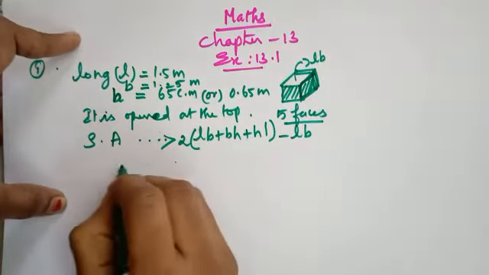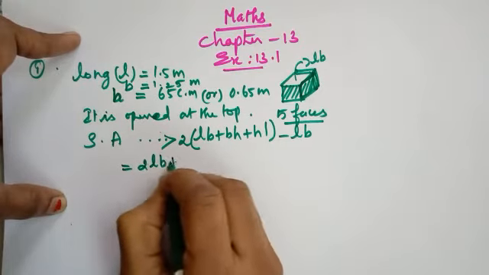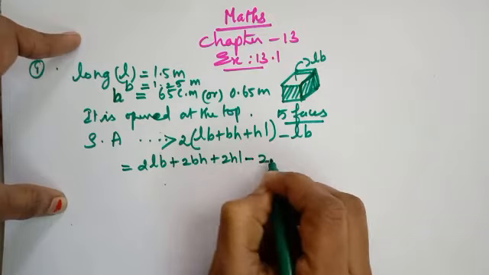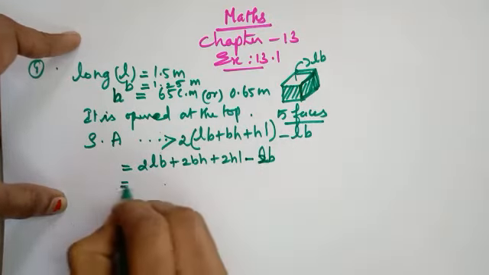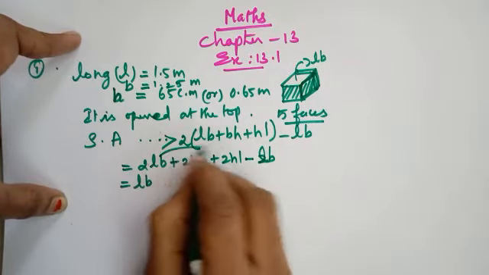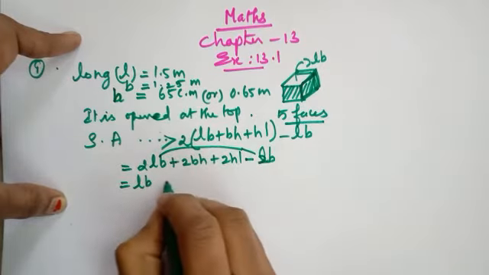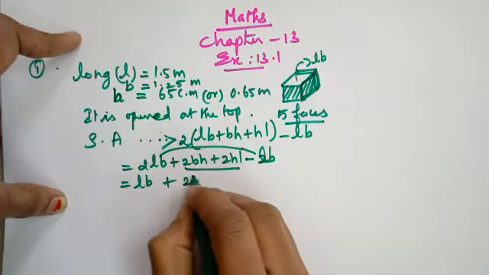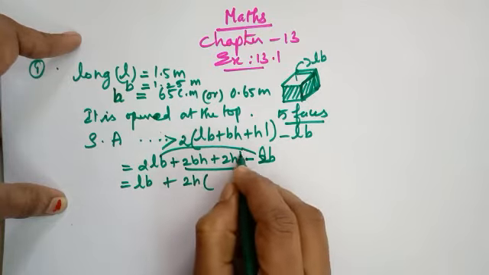Is it clear? So 2LB plus 2BH plus 2HL minus LB, that is equal to LB. 2LB minus LB, plus 2BH plus 2HL, take 2H common, then L plus B.